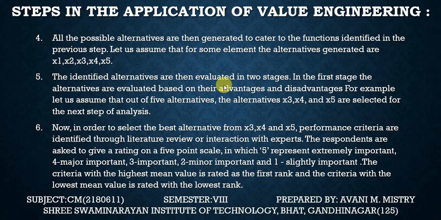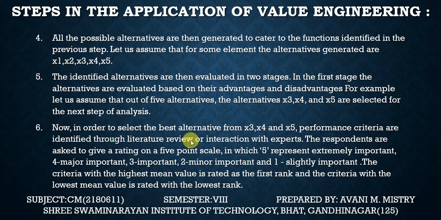The identified alternatives are then evaluated in two stages. In the first stage, the alternatives are evaluated based on their advantages and disadvantages. For example, let us assume that out of 5 alternatives, alternatives x3, x4, x5 are selected for the next step of the analysis.